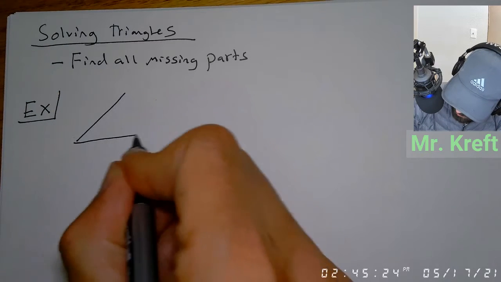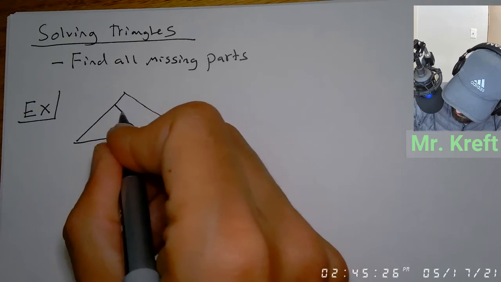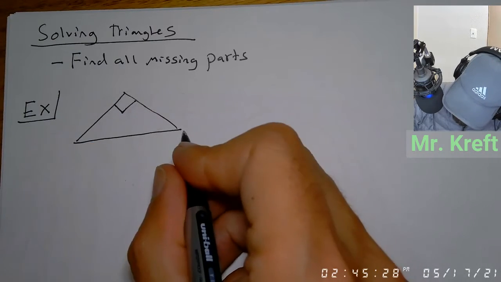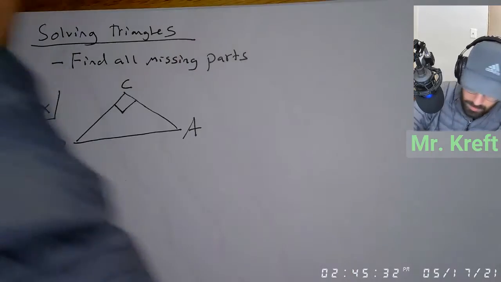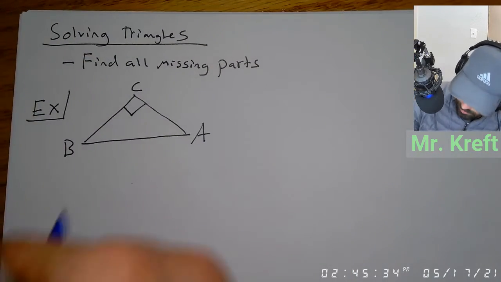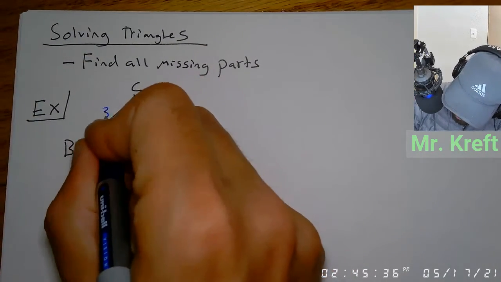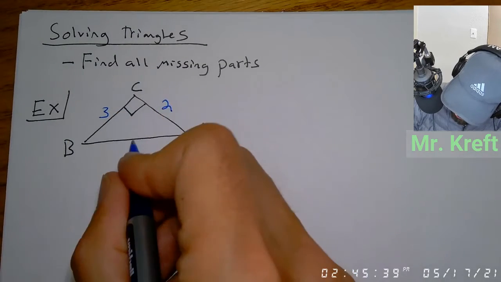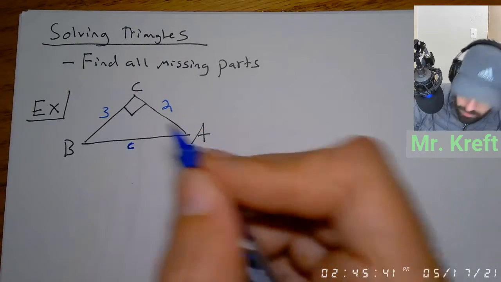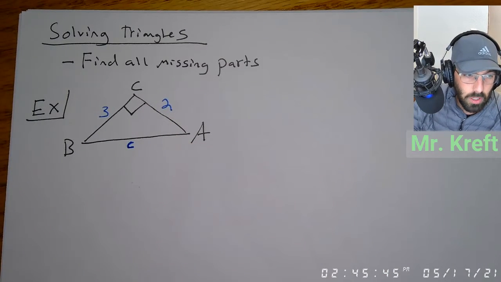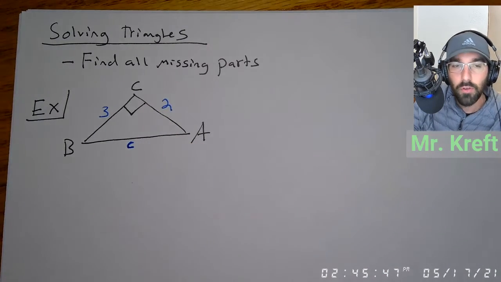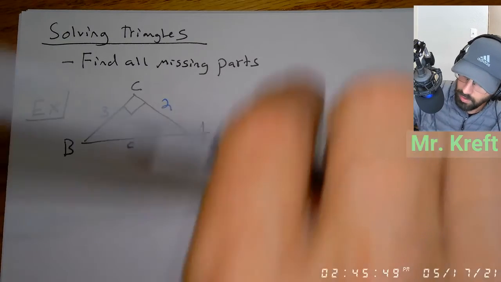So let's say I have a triangle, and I'm going to label it as A, B, C, and then I'm going to have some given sides. One side is 3, one side is 2, and the other side is little c. So I have big letters for the angles and lowercase letters for the sides.